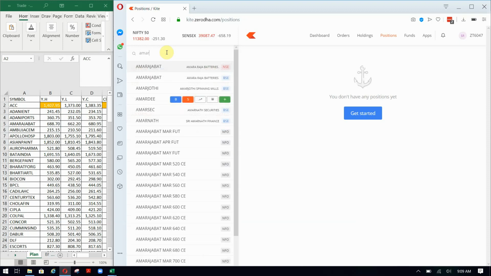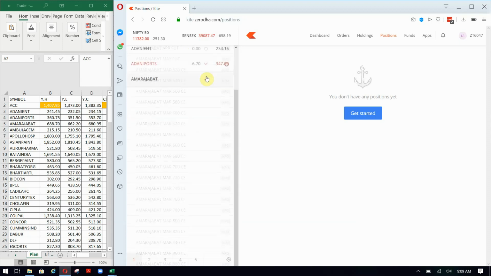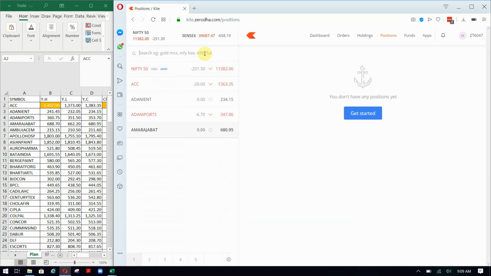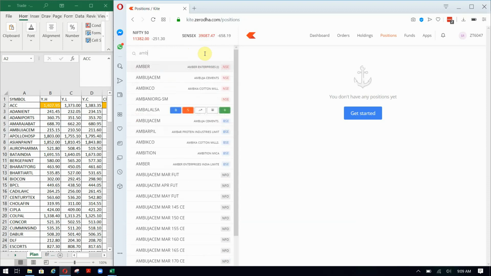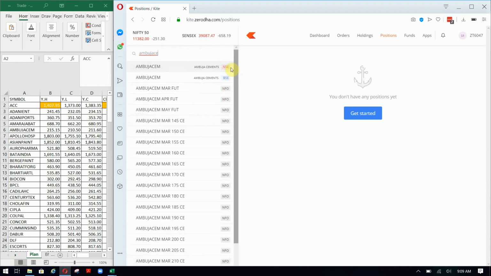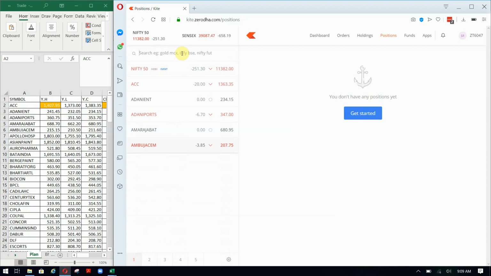Every day I make sure that I am cleaning my watch list. I don't keep the same list every day because as per my calculations, whatever companies are opening below pivot, I pick up only those.